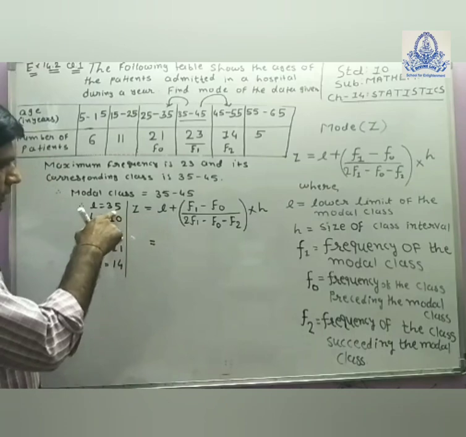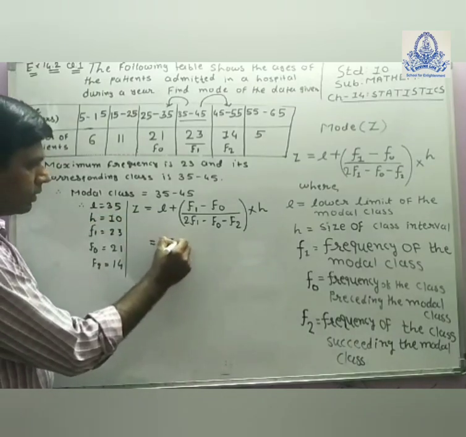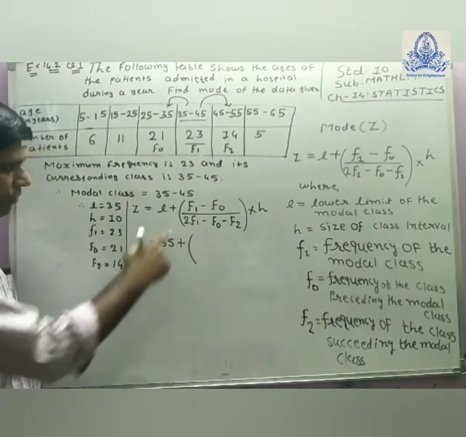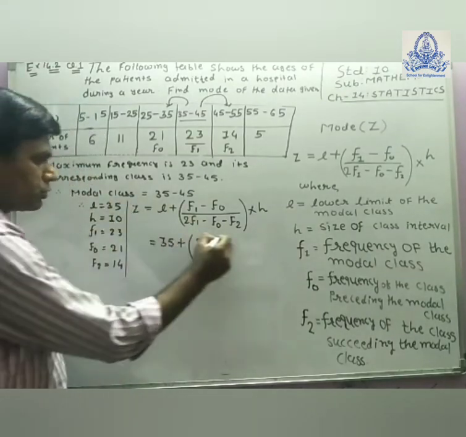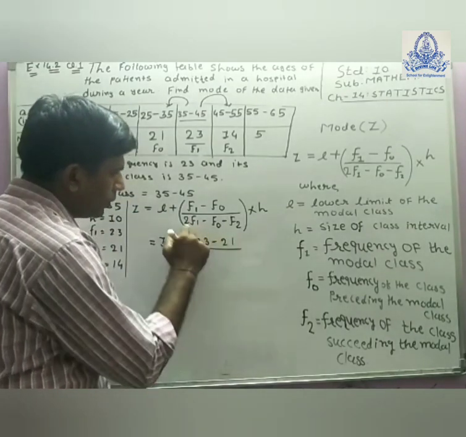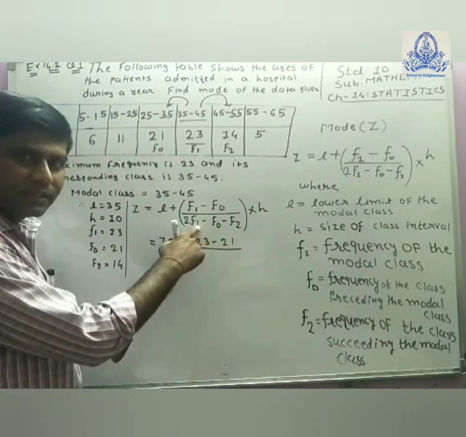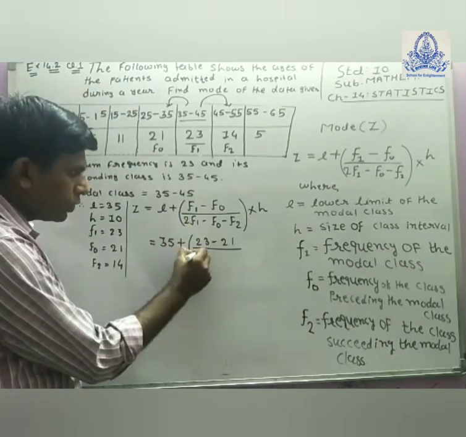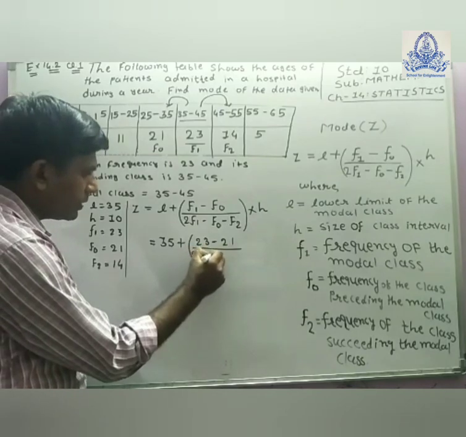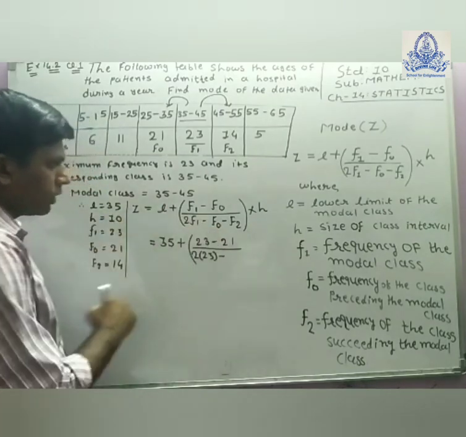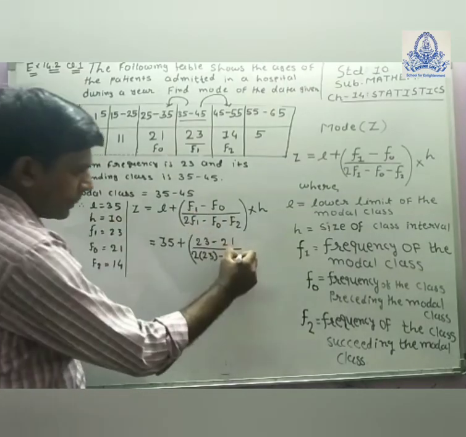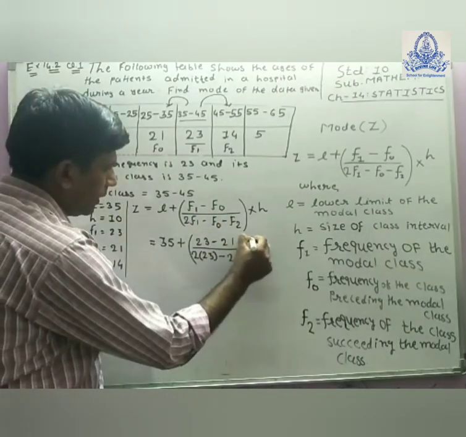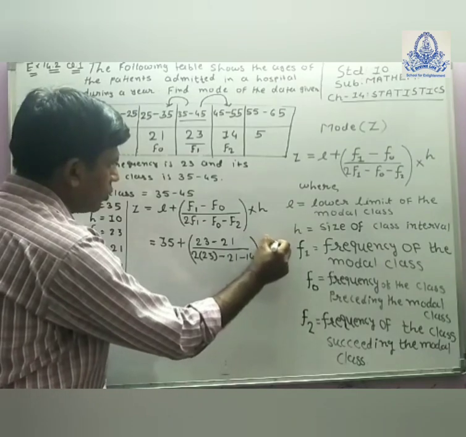What is the value of L? 35, plus, in the bracket, F1, which is 23, minus F0, which is 21, upon 2F1, that means the value of F1 is multiplied by 2. So 2 multiplied by 23, minus F0, which is 21, and F2, what is the value of F2? 14. So minus 14, multiplied by, what is the value of H?